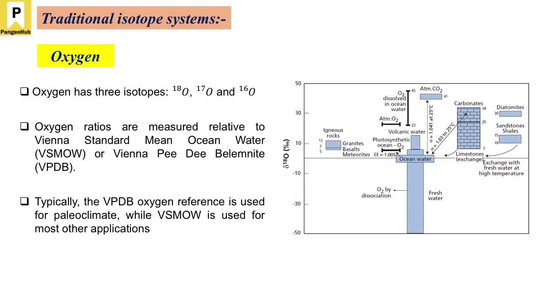The point is that VSMOW is nothing but water, H2O, so there is oxygen. But VPDB is nothing but belemnite. This belemnite has a shell which is calcareous, and calcareous is nothing but CaCO3. So here as well there is oxygen.